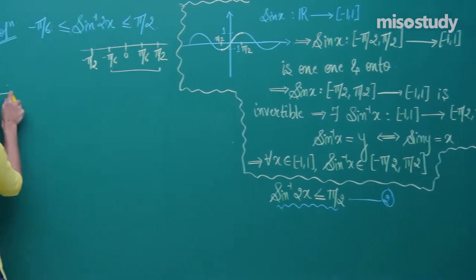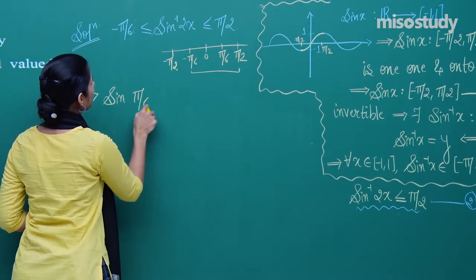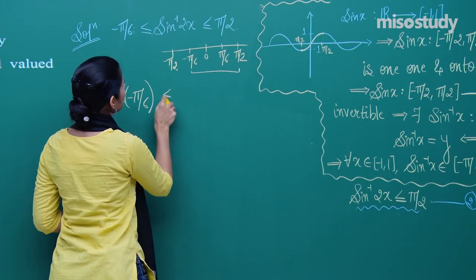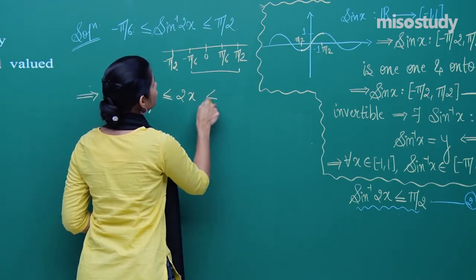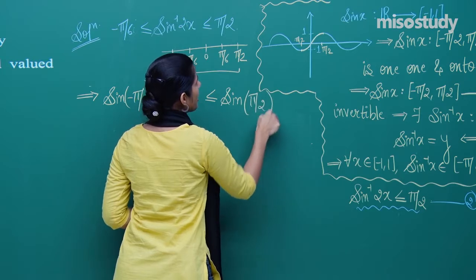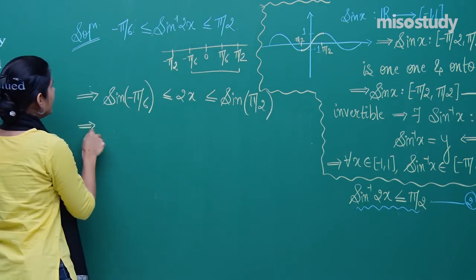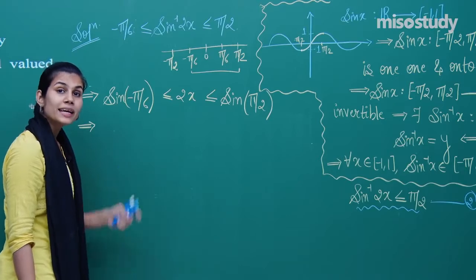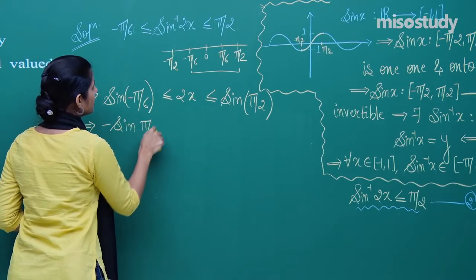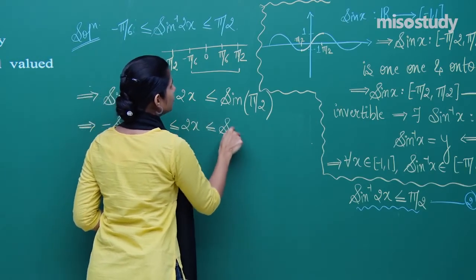And that is why by the definition I can write this can happen only when sine of minus pi by 6 is less than or equal to 2x is less than or equal to sine of pi by 2. And this means what? Well, sine of minus theta is minus sine theta. So we are left with minus sine pi by 6 is less than or equal to 2x is less than or equal to sine of pi by 2.